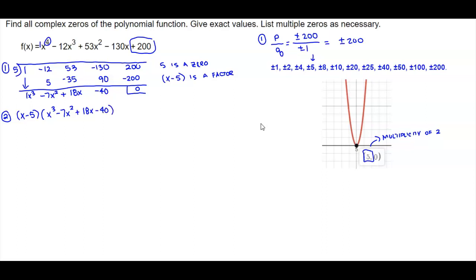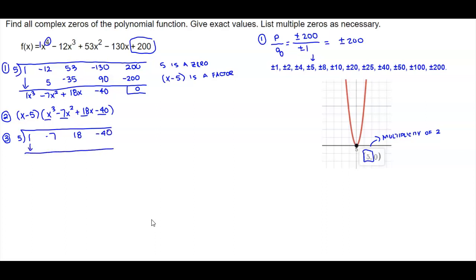Now we know that 5 is another zero because its multiplicity is 2, and that is a factor of 40. So let's again use 5 as another zero, and we're going to use the coefficients of our new factor: 1, minus 7, 18, and minus 40.